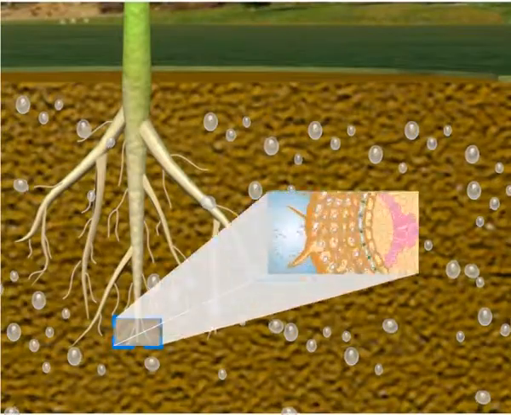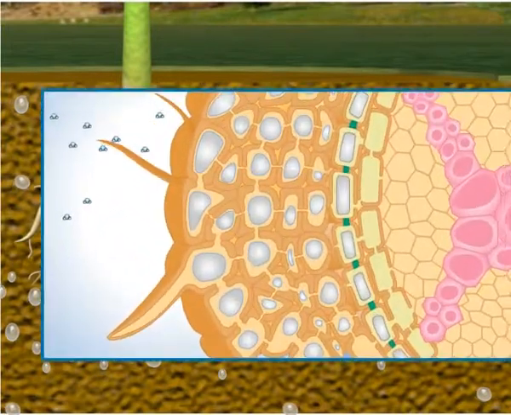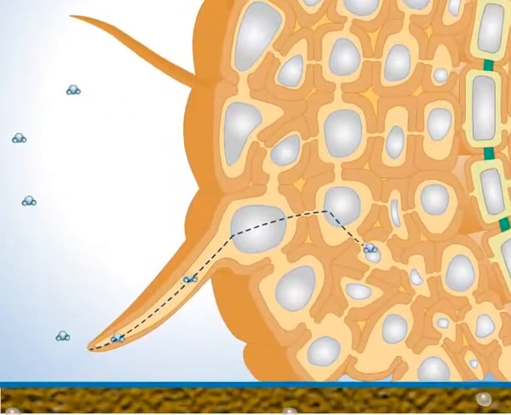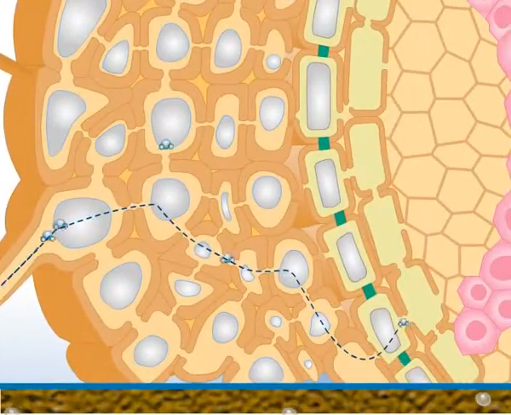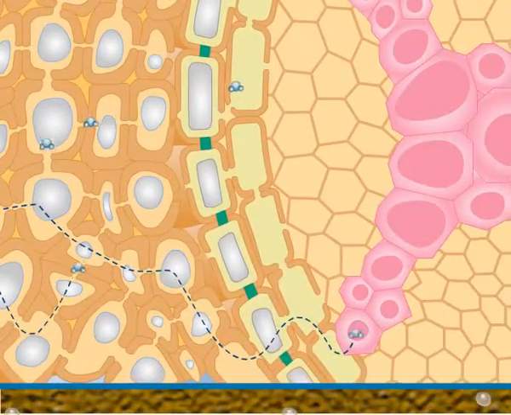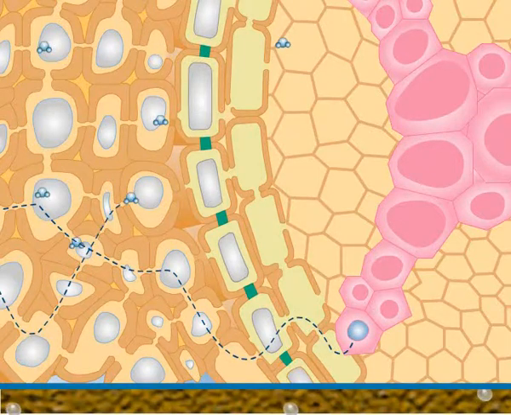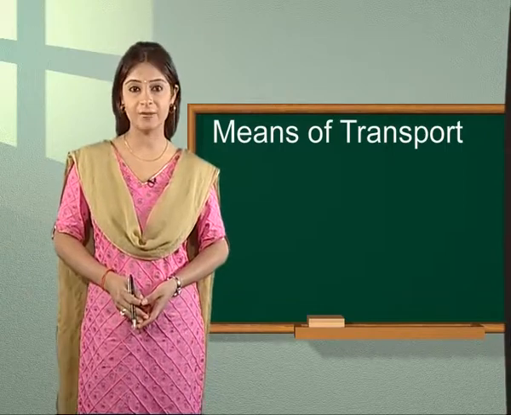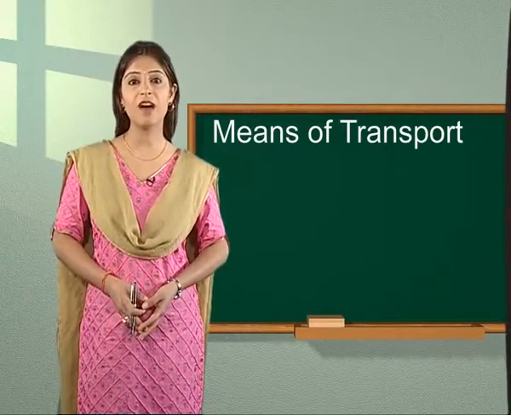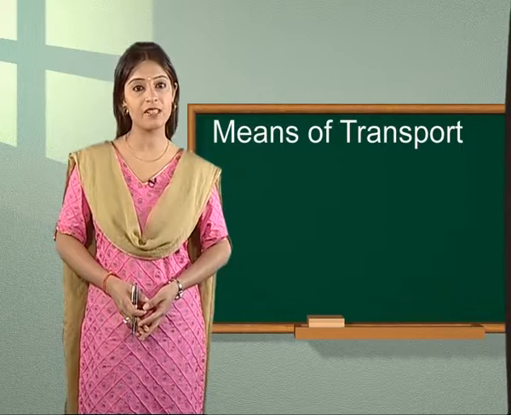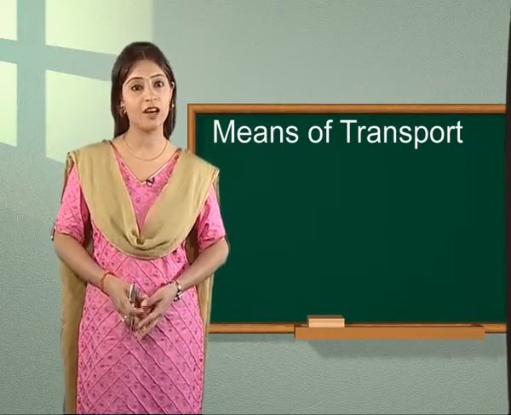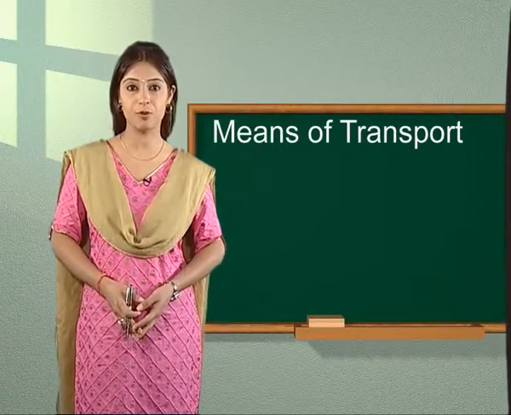Absorption takes place against concentration gradient even when the concentration of cell sap is lower than that of soil water. Now, let us try to understand with an example. The absorption of ions at the epidermal surface of roots and their transport inside the plants follow an active transport.